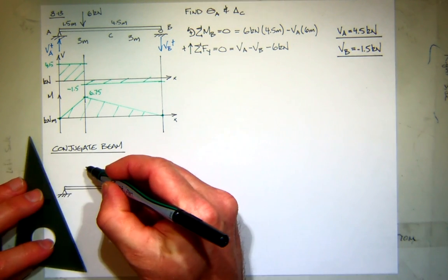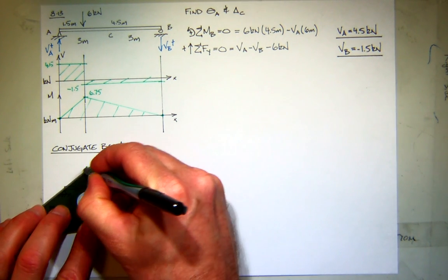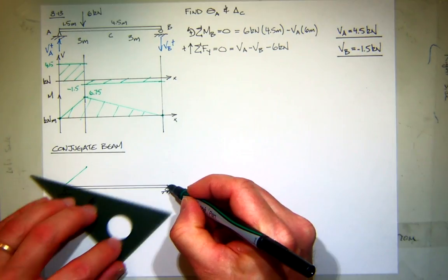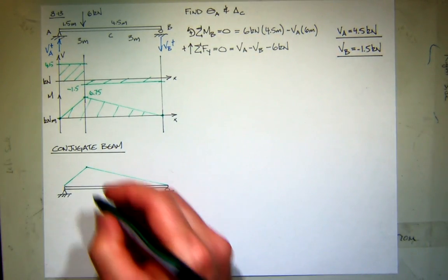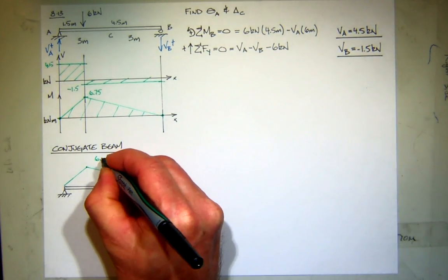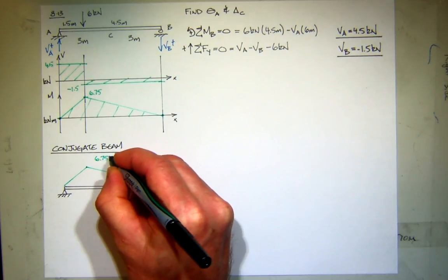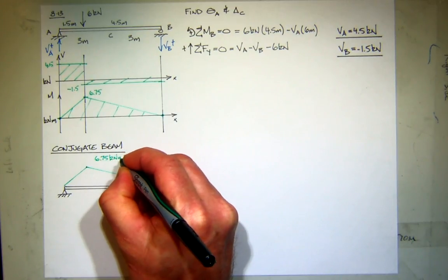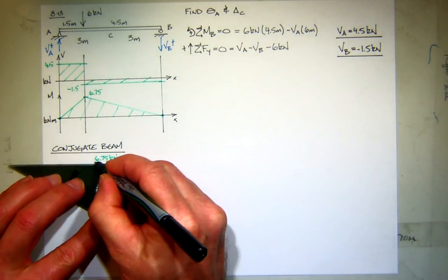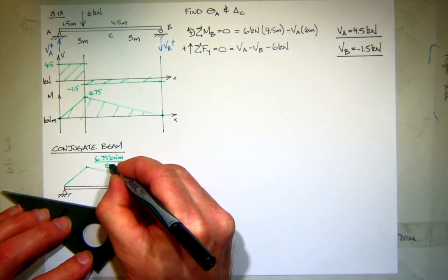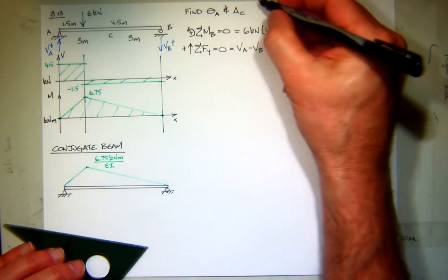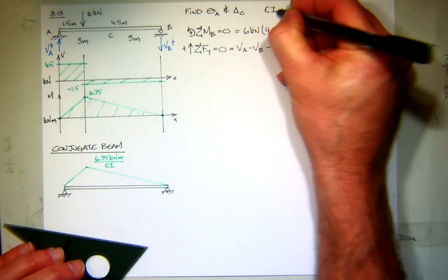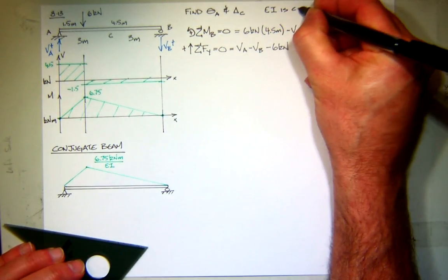So there's my moment diagram. What I like to do is just draw the moment diagram right on the beam in the same shape. And I know that value will be 6.75 kilonewton meters. That's the moment divided by EI. In this particular problem, I forgot to write this down, but we're going to assume that EI is constant.